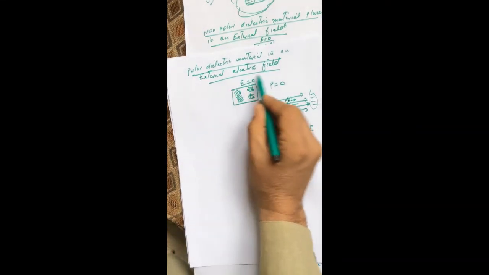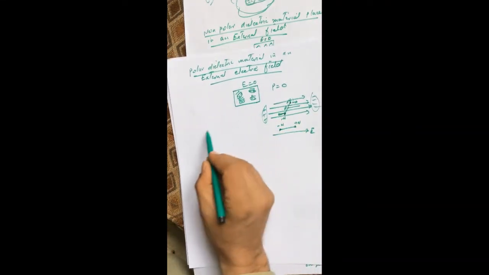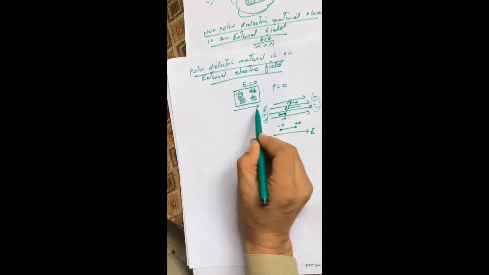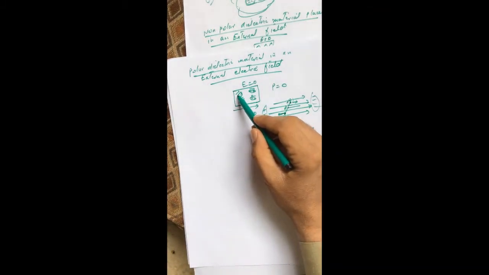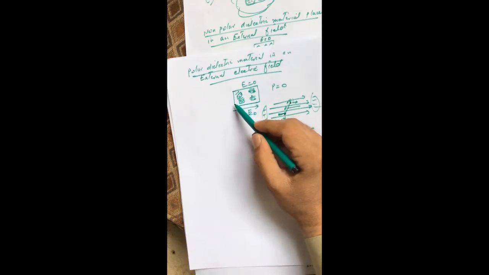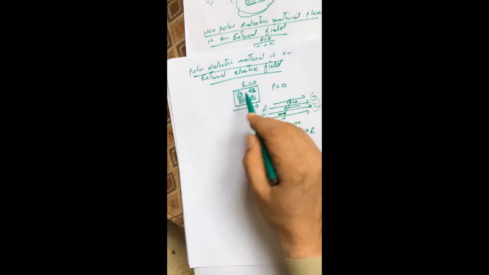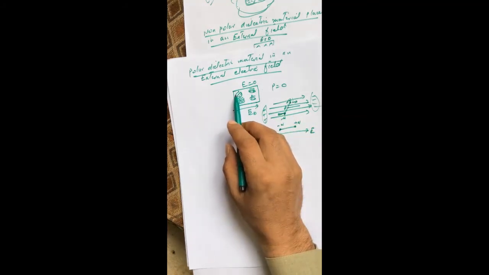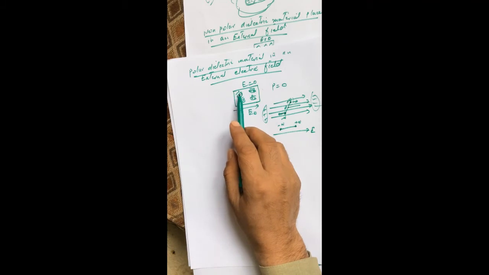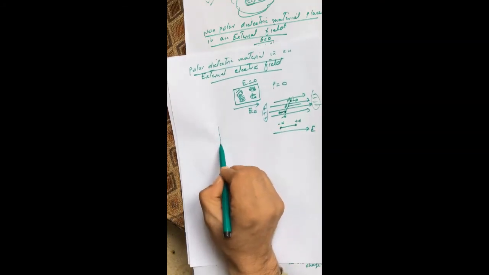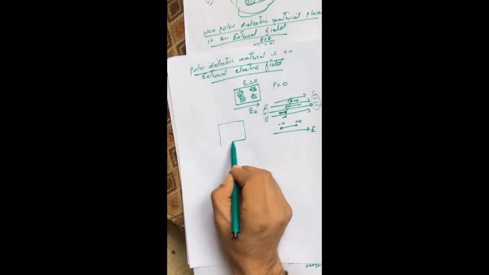Similarly, if we place this polar dielectric material in an external electric field E naught, what would happen? Originally the dipole moments of the individual atoms are oriented in different directions. Now they rotate in such a way that each dipole of each individual molecule or atom aligns itself in the direction of the electric field. So we have a situation like this now.